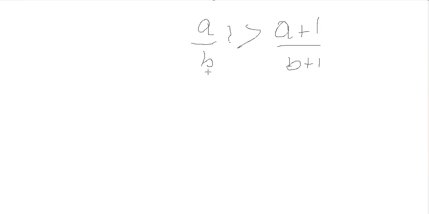How to prove that? The way to prove it is, if I have A over B minus A plus 1 over B plus 1, I'm going to work with this. If my result is positive, because they are whole numbers, I will say A over B will always be greater than A plus 1 over B plus 1.